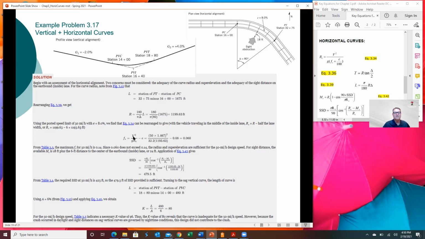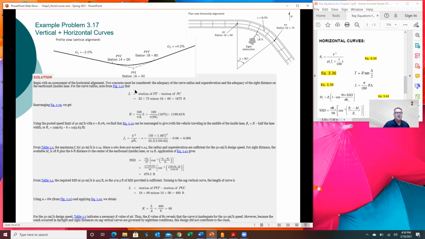Because V is 50, g is g, and e is the super elevation, which is 8. And R sub V, remember, the R that you calculated here, 1199.63, is to the center line of the roadway.